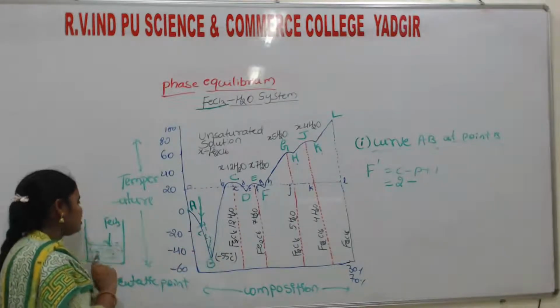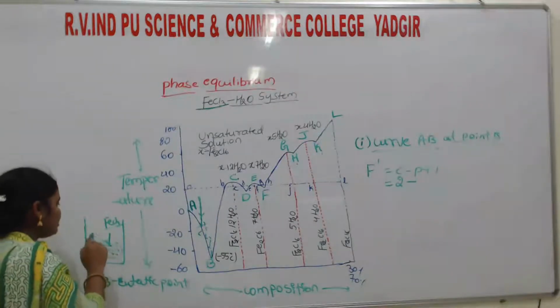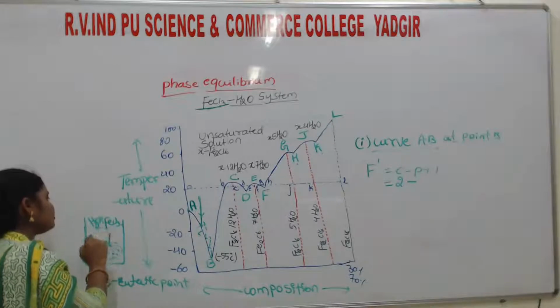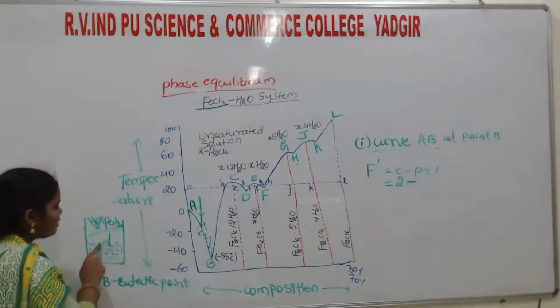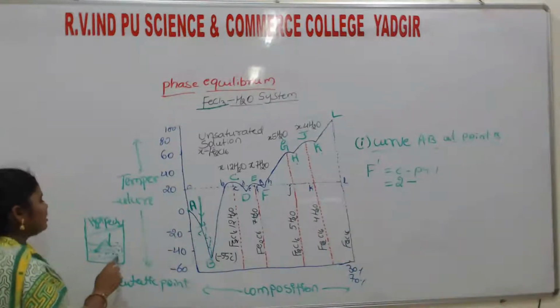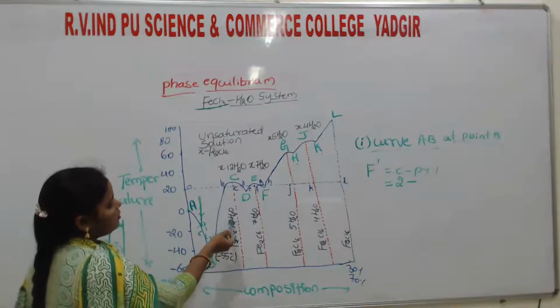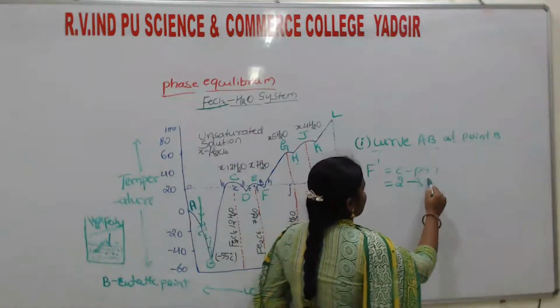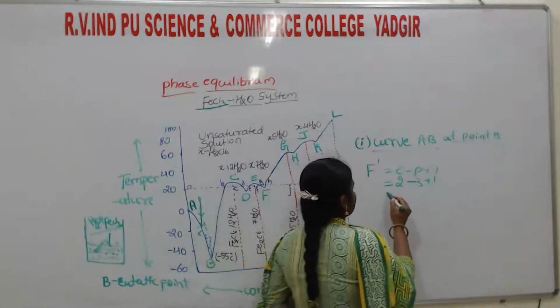Here liquid water and FeCl3 are present in liquid state, another is separating ice, and another is a newly formed solid, Fe2Cl6 12H2O.